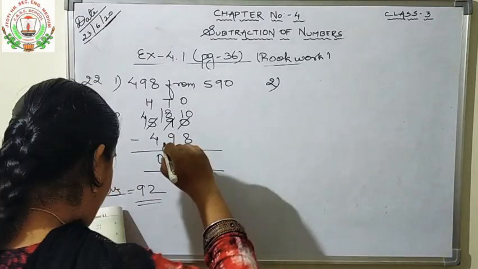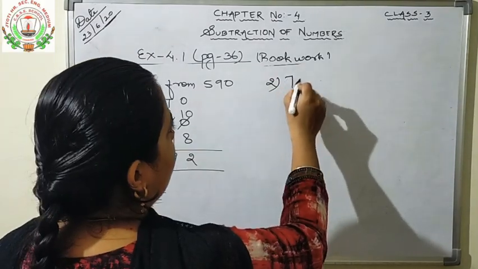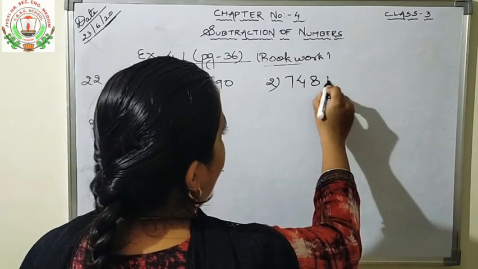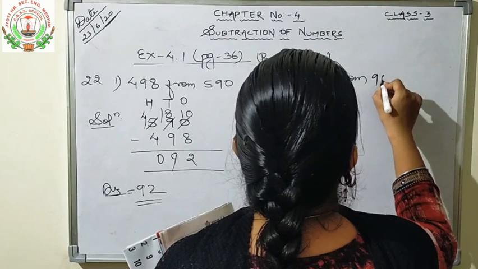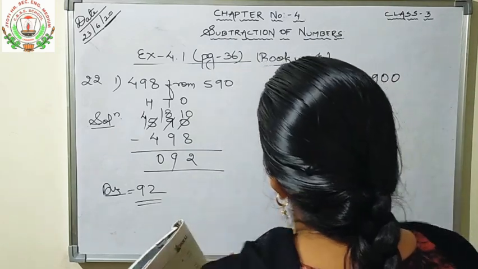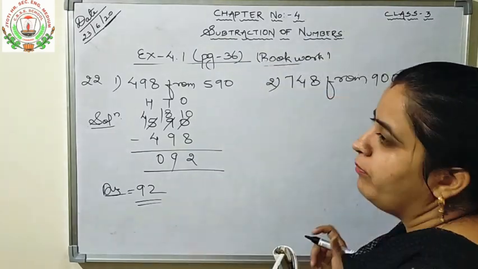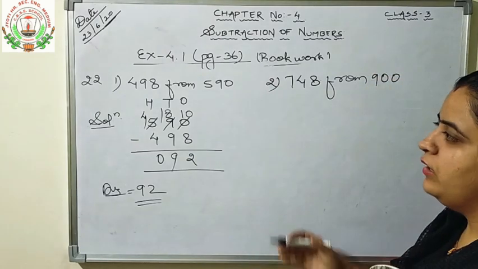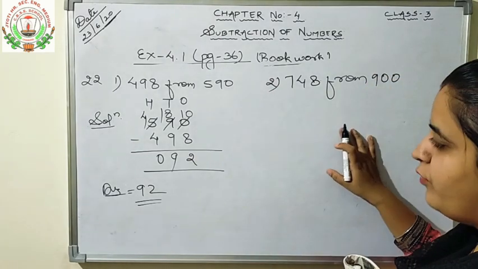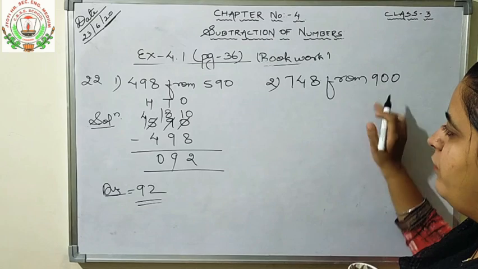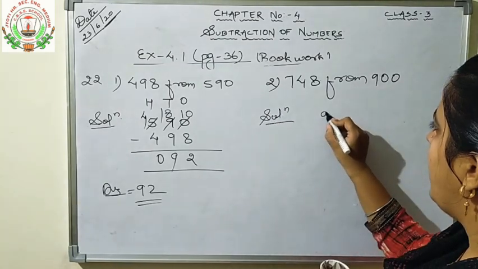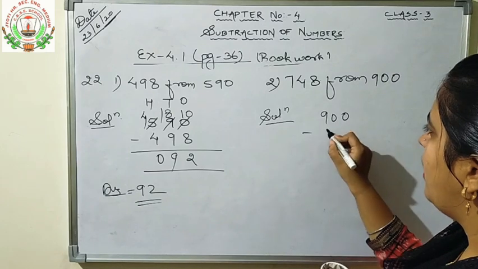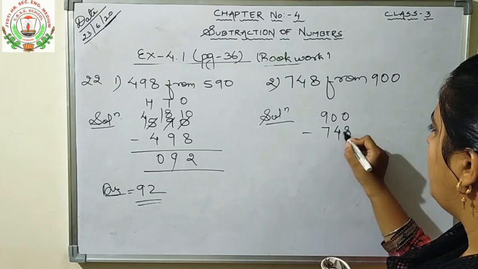Question number 2: 748 from 900. See how we will subtract 748 from 900. As I have said in the first question, in a "from" question we will write the second number first. So this is the solution. 900 we will write first, minus 748.